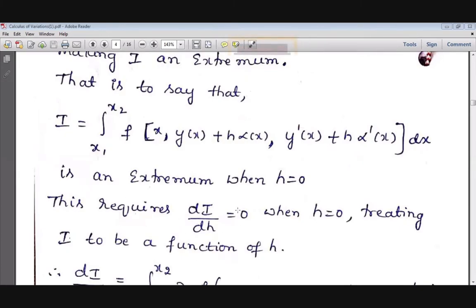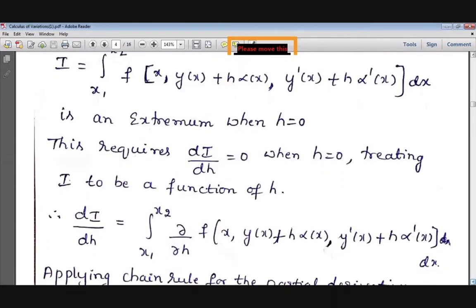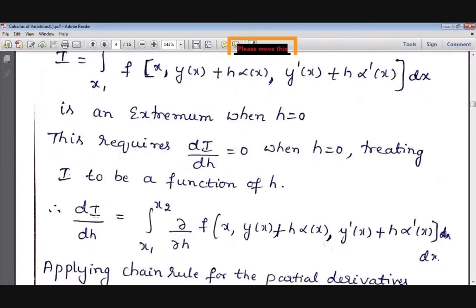Now, this requires dI by dh equal to 0 when h is equal to 0, treating I to be a function of h. dI by dh I need. Why? Because I should equate dI by dh to 0. I have I here.